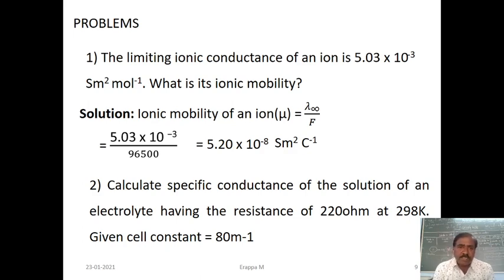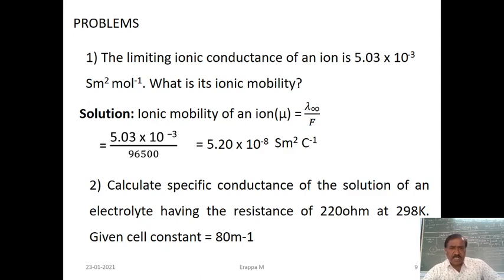Lambda infinity is given as 5.03 into 10 to the power of minus 3, divided by 96,500. Its value is 5.20 into 10 to the power of minus 8 meter square per volt second. So that is a simple problem: the values of lambda infinity and F are given, substitute and calculate ionic mobility.